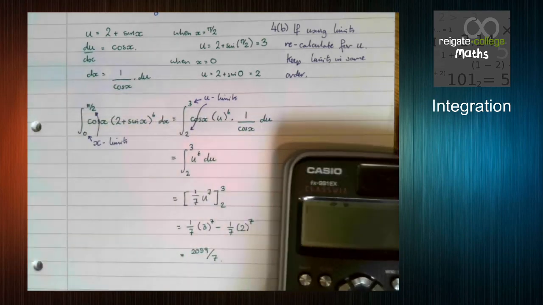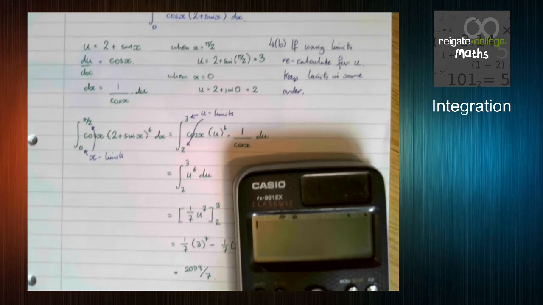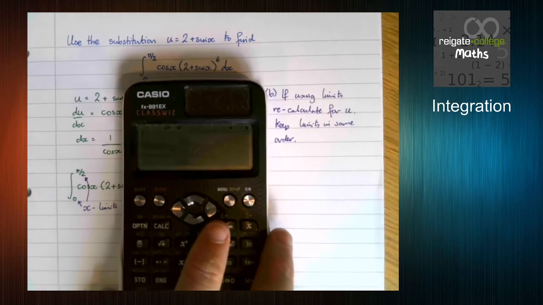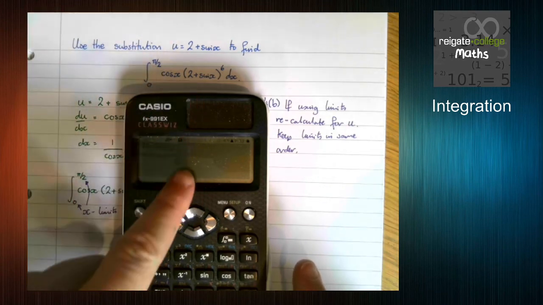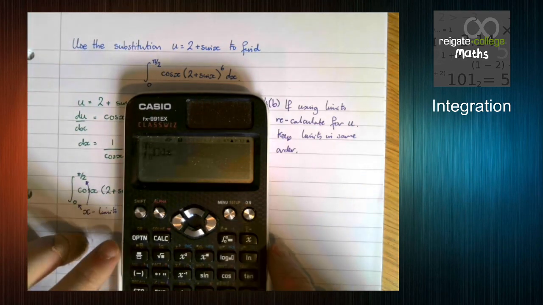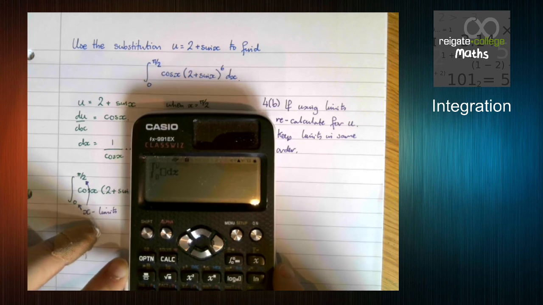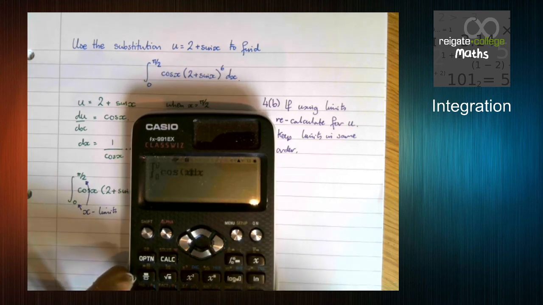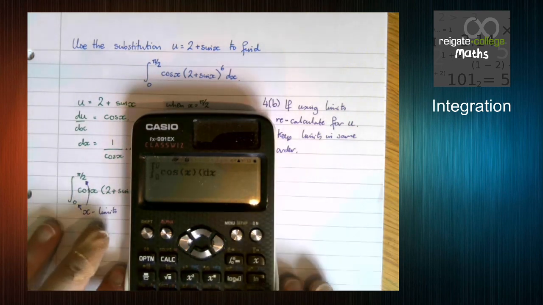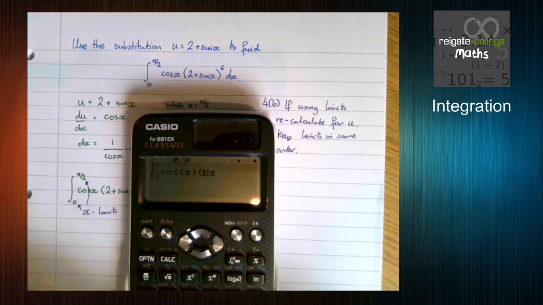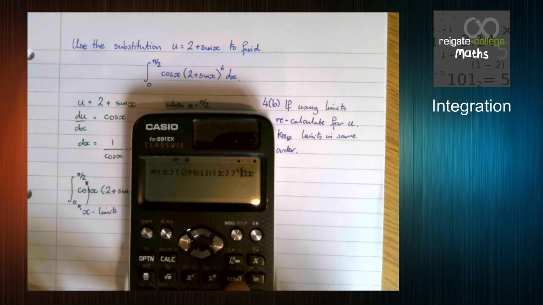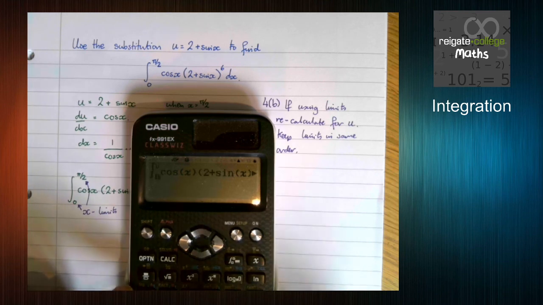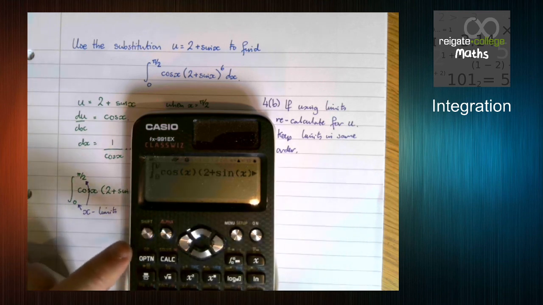The nice thing about doing this with limits is that you can check it on your calculator. If we type in this here, again, we're doing trig, so make sure you're in radians mode. We type this in, so we get the integral of cos x. Now the calculator defaults and puts loads of brackets in, so make sure you close all your brackets properly. 2 plus sine x, close brackets for the x, close brackets for the bracket, the power of 6, between 0 and pi over 2.